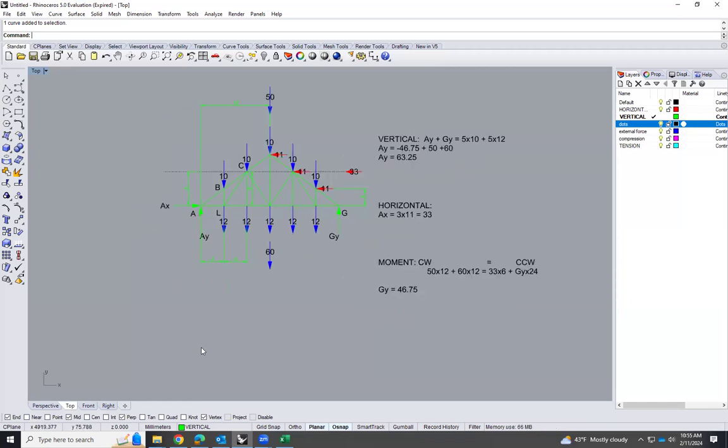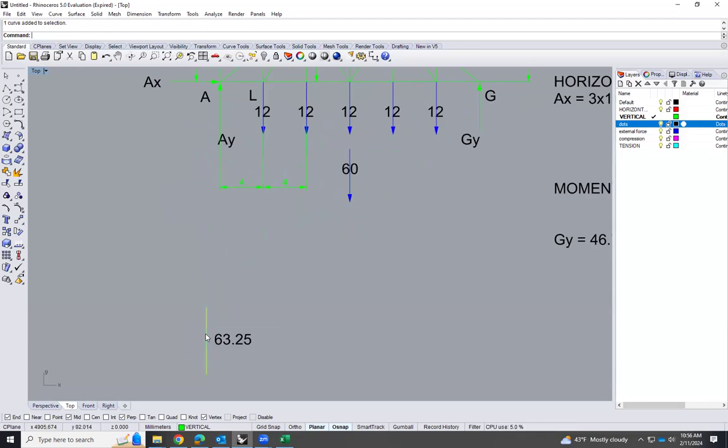So we have a force going up. That would be AY, it's 63.25, and it goes up.